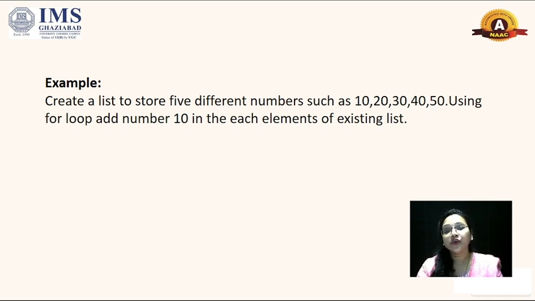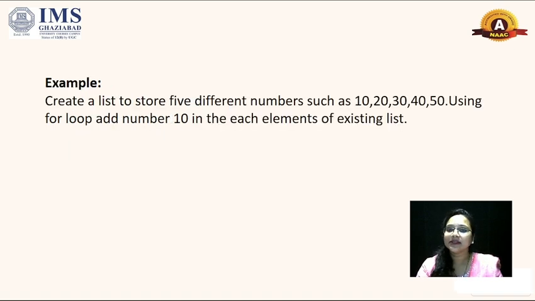Means we want to create a list in which 10 has been added to each element of the existing list. So how will you do this? I am going to tell you using a list loop and using list comprehension, and you will decide which one is easier. Obviously, list comprehension will be easier. So let's see.